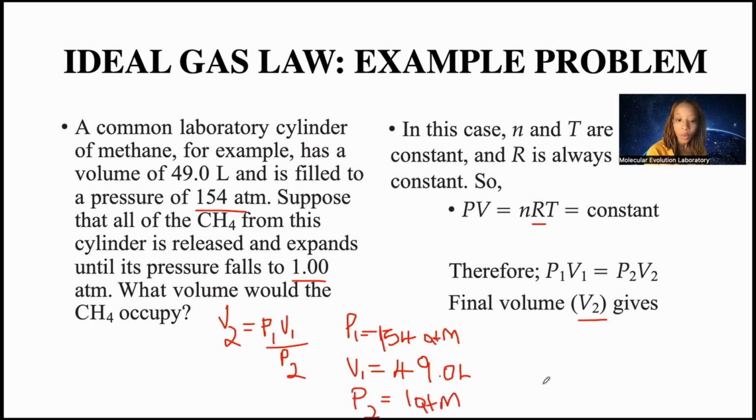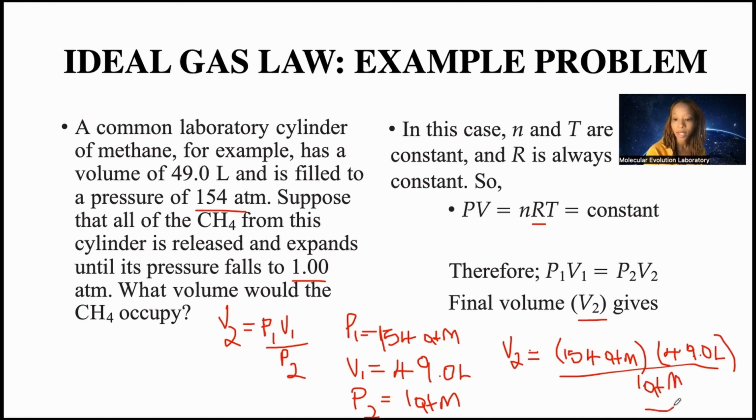So if we fill in the equation, V2 would be equal to 154 atmospheres times 49.0 liters divided by P2, which is 1 atmosphere.